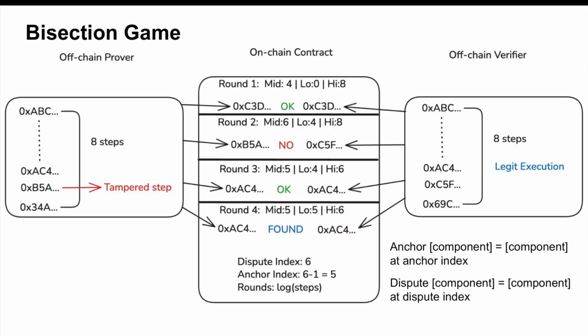Since they agree at step 5 and high is 6, we know it must have happened at step 6. So we set the dispute index 6, and the anchor index 6 minus 1, because the dispute happens at 6. This is the first step where the dispute occurs, and the anchor index is 5, which is one step before the dispute index, the step that they both agree on.